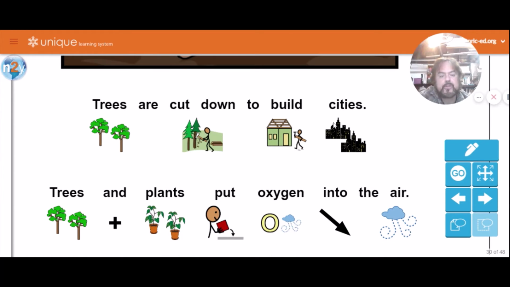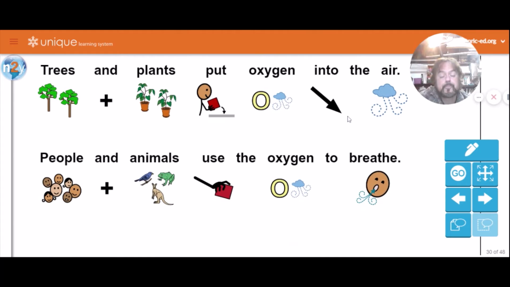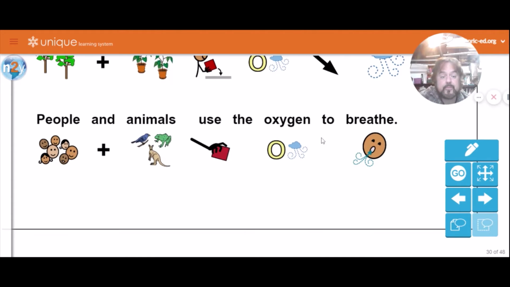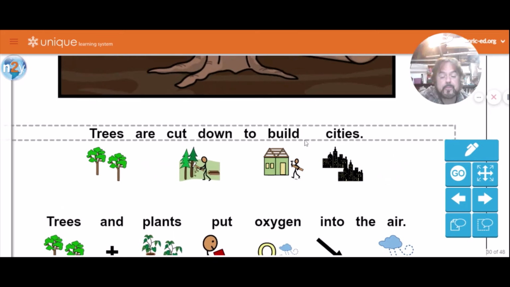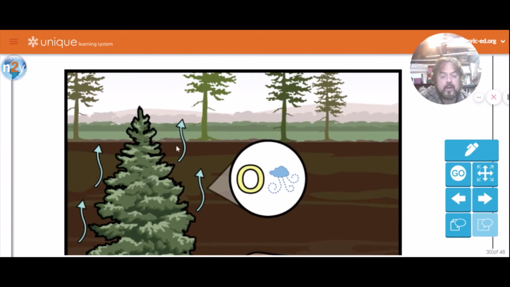Trees are cut down to build cities. Trees and plants put oxygen into the air. People and animals use oxygen to breathe. We just talked about that. All right, so the trees put the oxygen into the air. They absorb carbon dioxide and they expel oxygen.